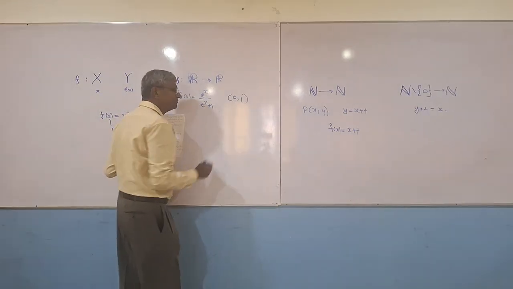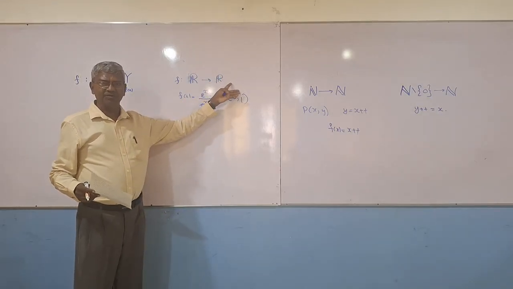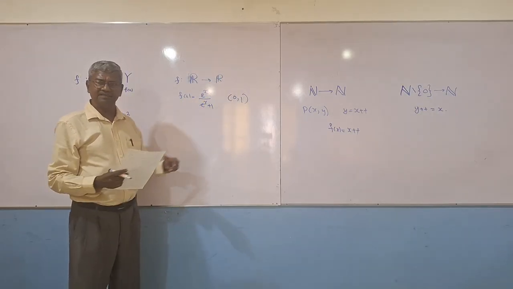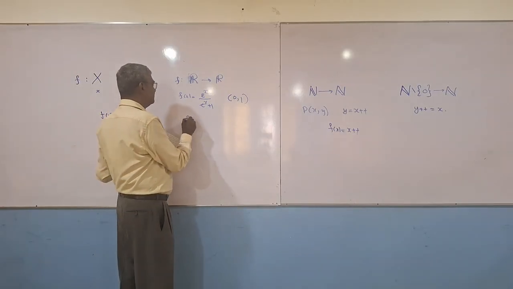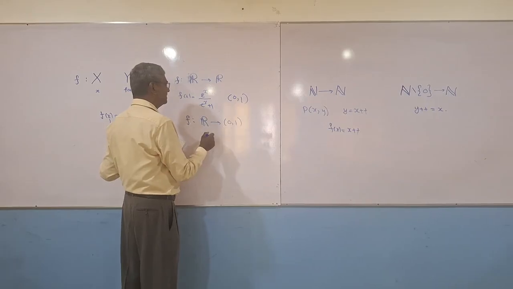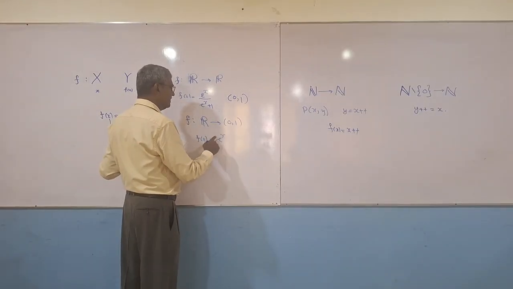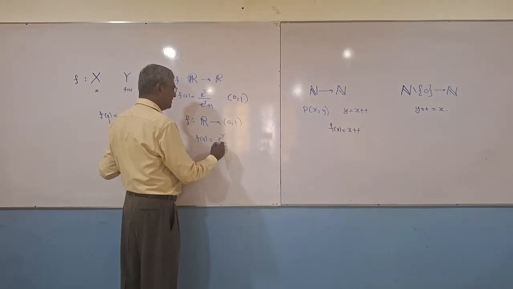Though I am saying going to R, that is true, but it's a small set. The same function can be written R to (0, 1), f(x) equals e to the x over e to the x plus 1.